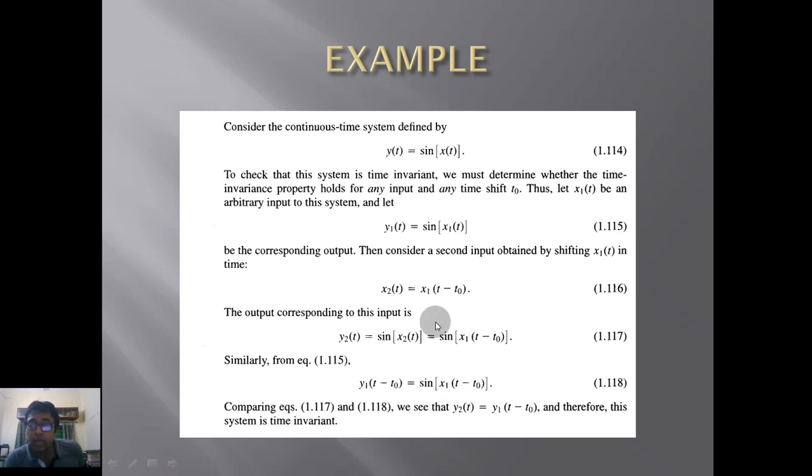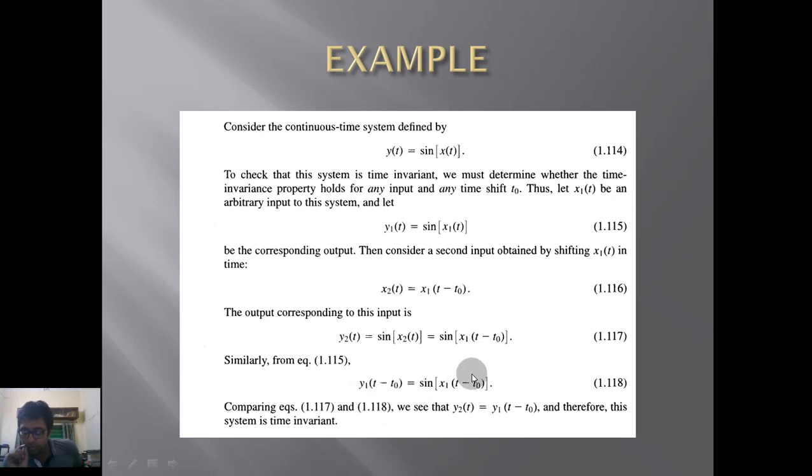So if we change the input signal with this -t0, the value is the same, and also if we put y1(t - t0), the output will also be the same. So in both cases, the input signal is the same and the output signal is also the same.